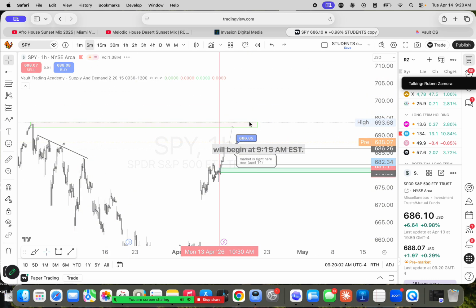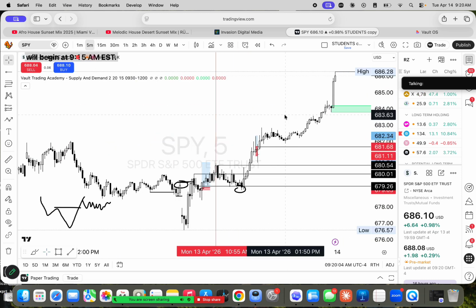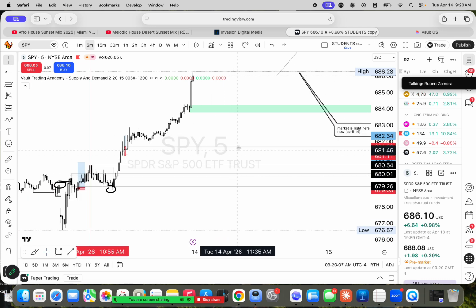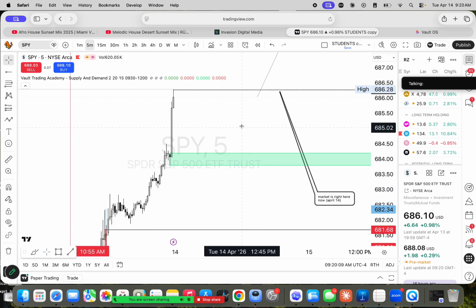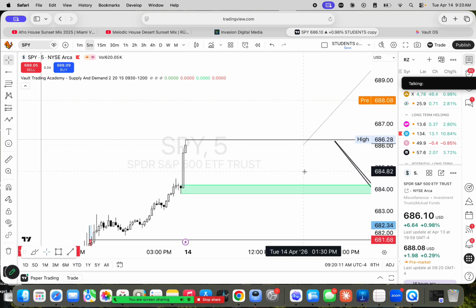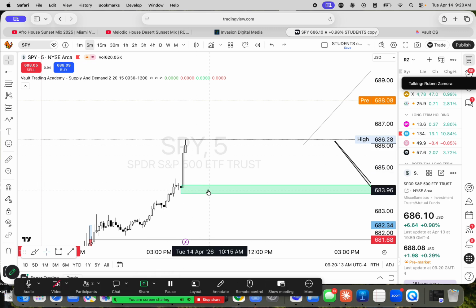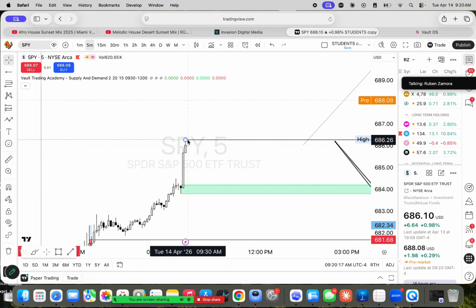So let's go to a 5-minute time frame, and this is what we have right now. So far, this is how it closed yesterday, and on this close, yes, we pumped up, but now the thing with this is that we're going to have more levels, meaning that the market's going to be up here somewhere right here.